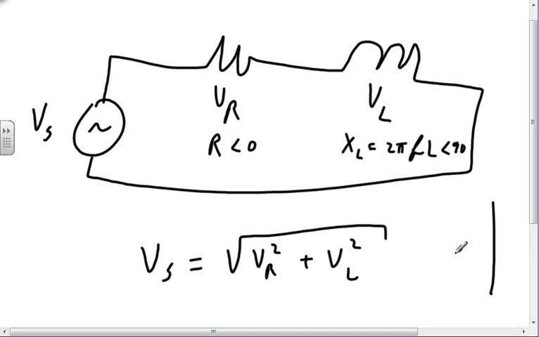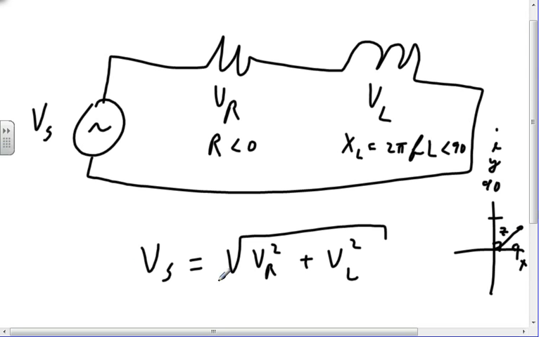Okay, so if I look at 90 degrees, that's up this way, also known as the y-axis, also known as the imaginary axis. And the real guy is sitting on the x-axis going that way, and they're perpendicular to each other. So now I have so much up here, so much over there. I come over there. Now I got a right triangle, and the impedance is sitting on the hypotenuse.